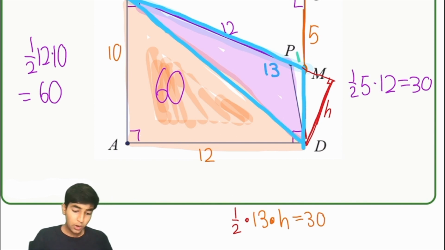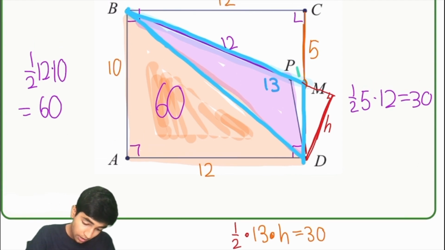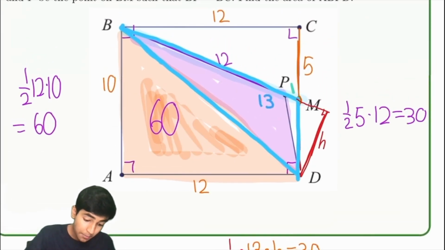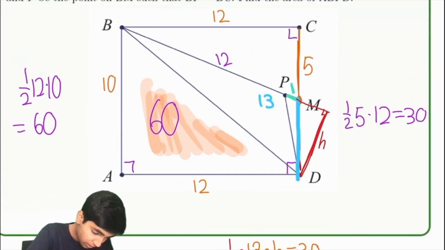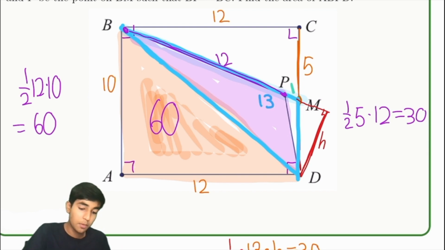That's the area of the light blue triangle, which we know to be 30. But we're looking for the area of the purple triangle. What is the area of the purple triangle in terms of h? Purple triangle area is half times base. We know the base of the purple part is 12, from B all the way till P, and we know the height is h.